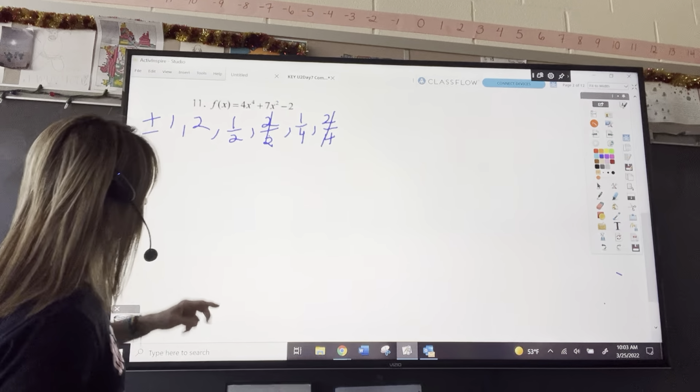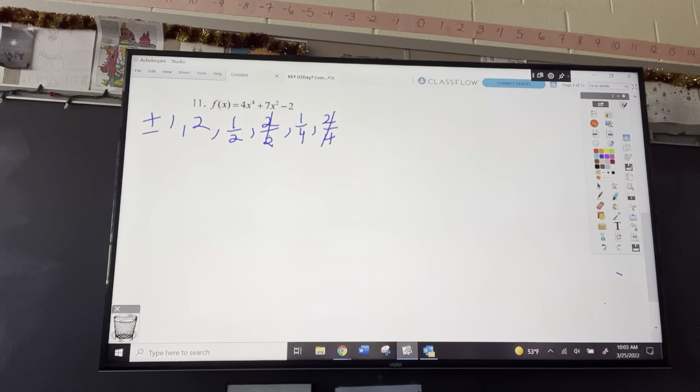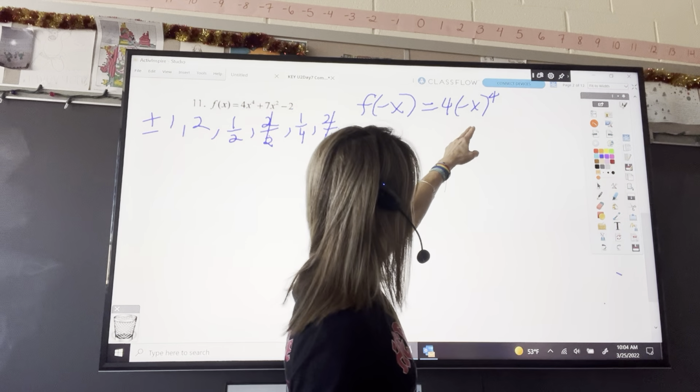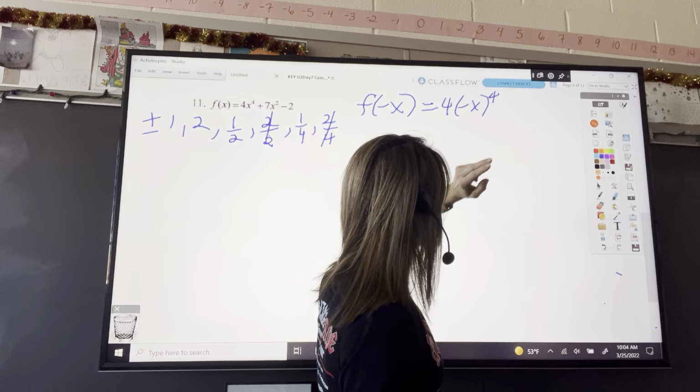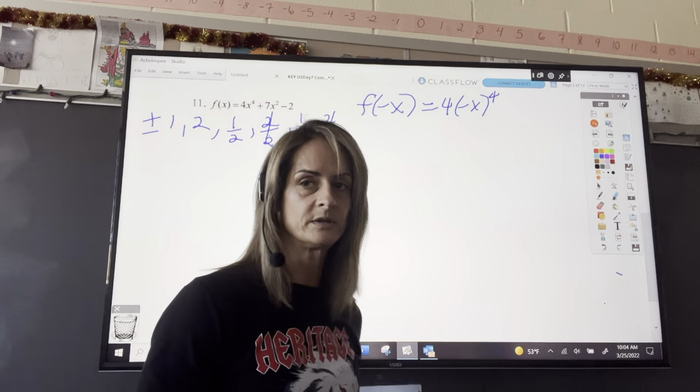Negative. If I look at f of negative x, and I'll erase this up, I'll just write it over here, f of negative x. What's going to happen when I put that to the 4th power and to the 2nd power? All those negatives are going to cancel because I have negative x times negative x times negative x times negative x. 4 negatives, all those are going to cancel.